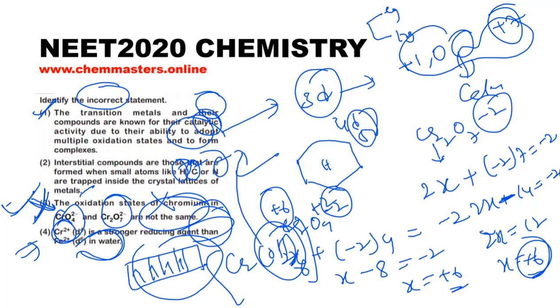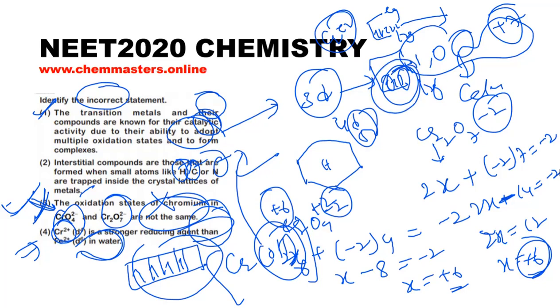For example, chromium plus 2 in its aqueous solution loses 1 electron, and it will only have 3 electrons in the 3 sub-orbitals of t2g. So the half-filled nature increases the stability of this chromium plus 3.